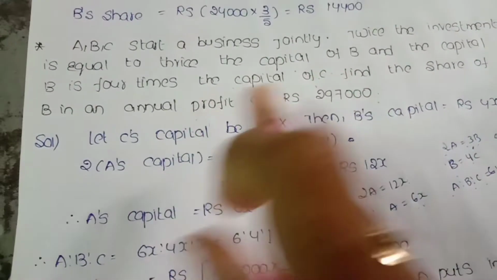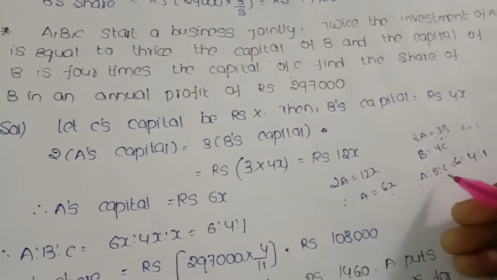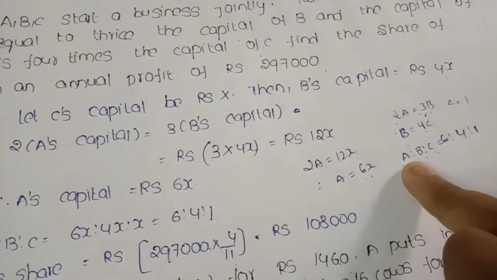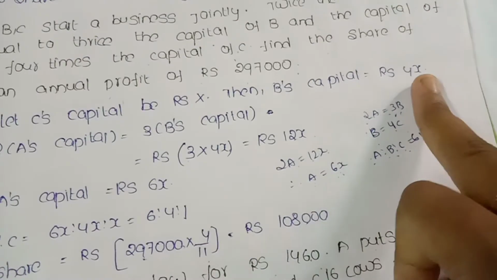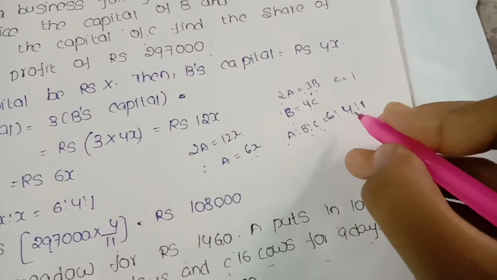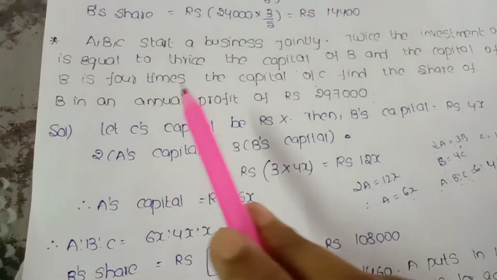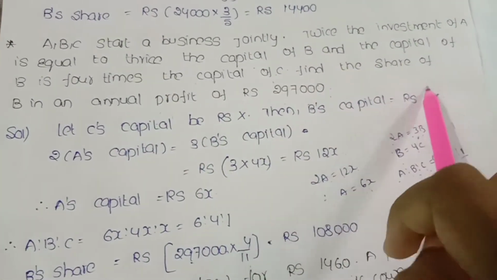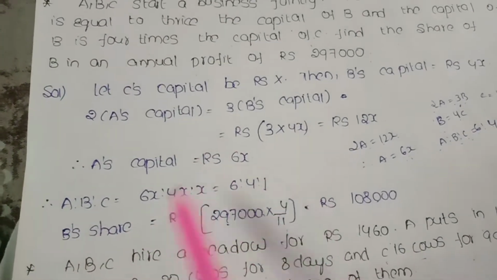For finding the share of B, we know the values of A, B, C. The value of A is 6x, B is 4x and C is x. It means 6:4:1. Now we have to find B's share.